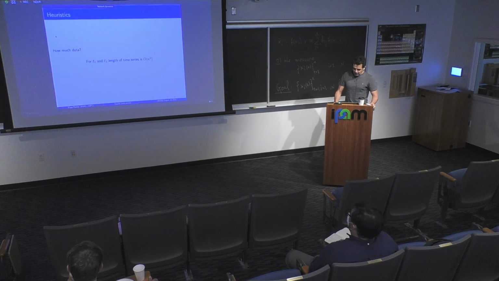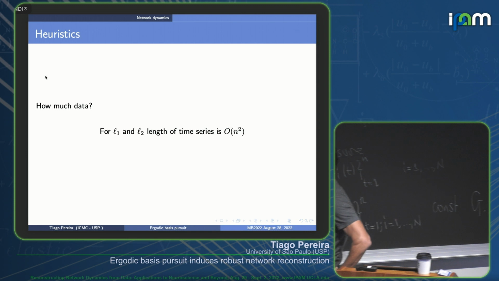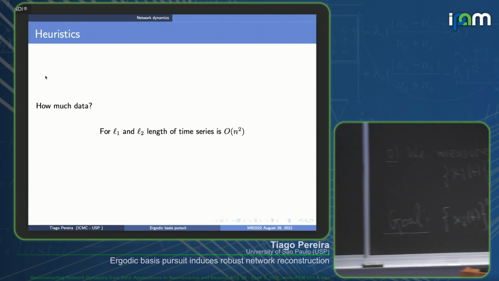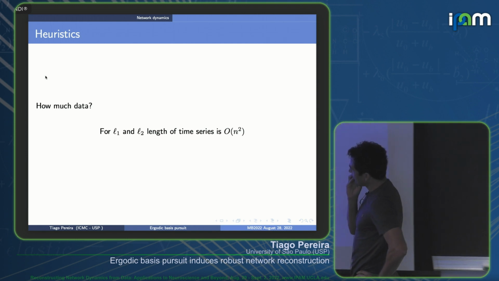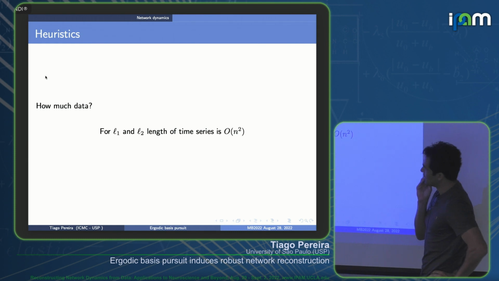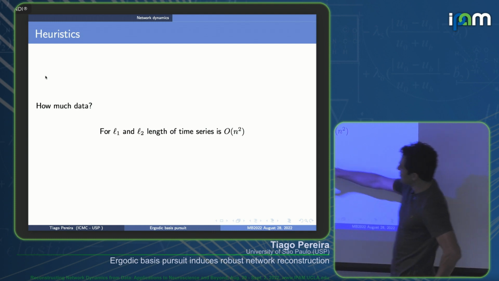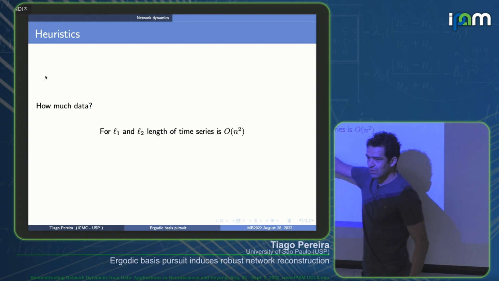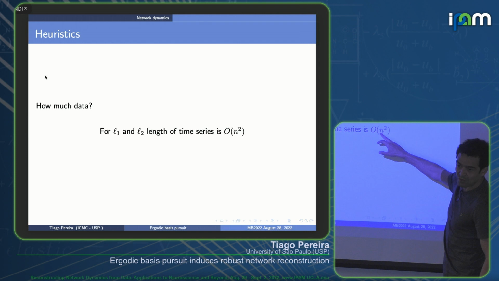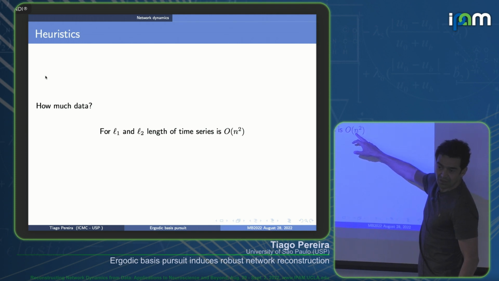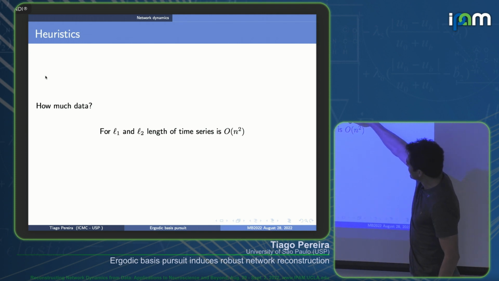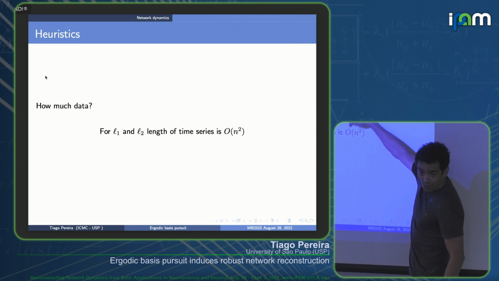Yeah? So roughly speaking, the idea is the following. How much data would you need? I do not know how to prove this, but a good heuristic is that if you want these least squares to work well, you need to measure at least n squared data points. The problem is that the constant that enters this big O is very large.